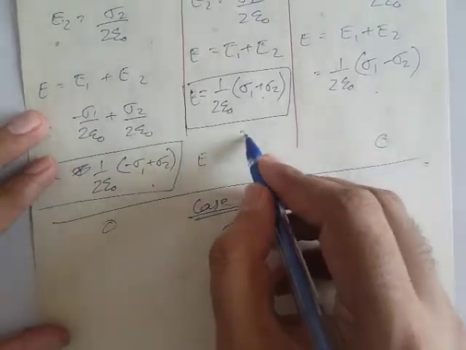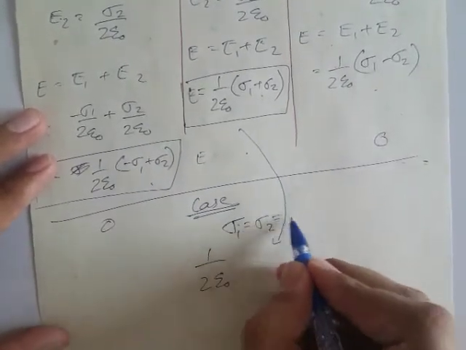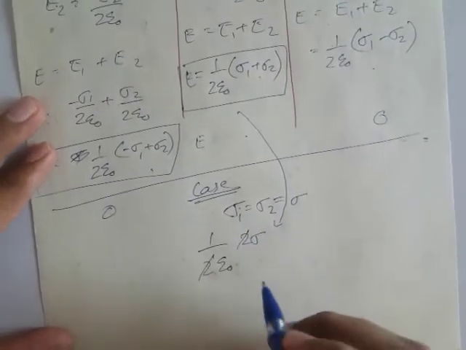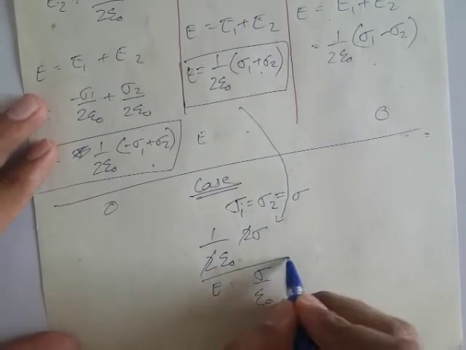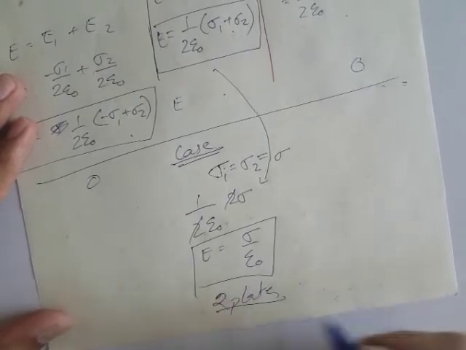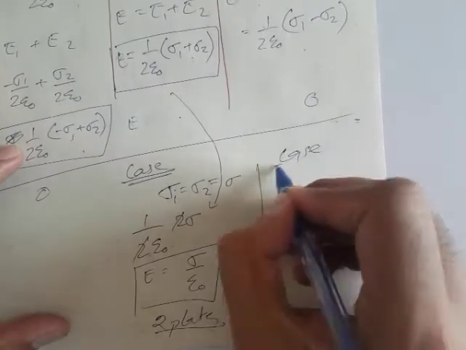In this case what we get is 1 upon 2 epsilon naught, sigma plus sigma, that is 2 sigma, the 2 cancels out, and the electrical field is sigma upon epsilon naught for the 2 plates. The rest depends on another case, we can consider another case also.